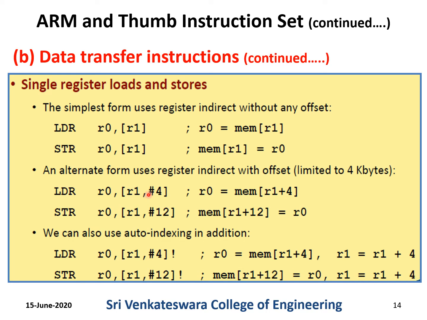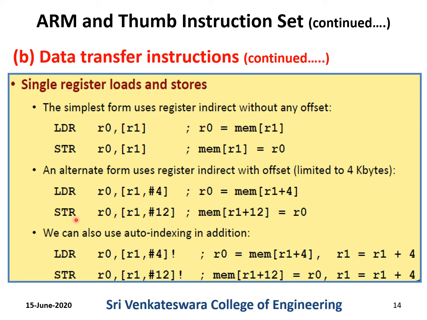From that new location, the operand or data will be fetched and loaded into R0. So R0 will be loaded with the data that is pointed to by the content of R1 plus 4. This is how offset values are used.